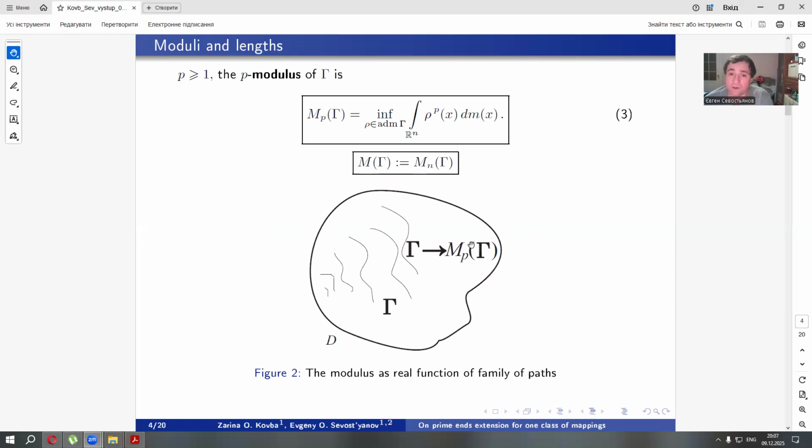Here on the picture, you can see the path family Gamma and the modulus of Gamma is represented as some real-valued function of Gamma, which is called p-modulus.